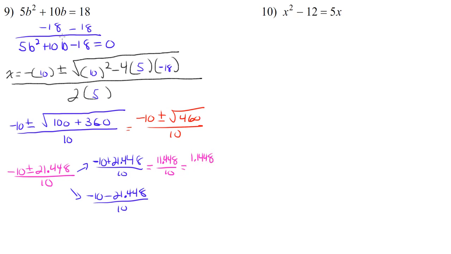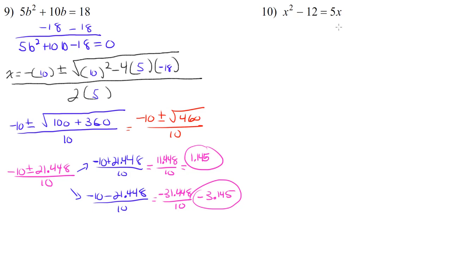And if we round that to the nearest thousandth, that's going to be 1.145. On the next one, negative 10 minus 21.448 is going to be negative 31.448 divided by 10. And when I divide that, I get negative 3.145. So these are our two solutions.